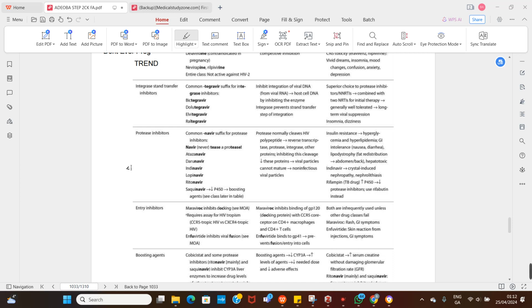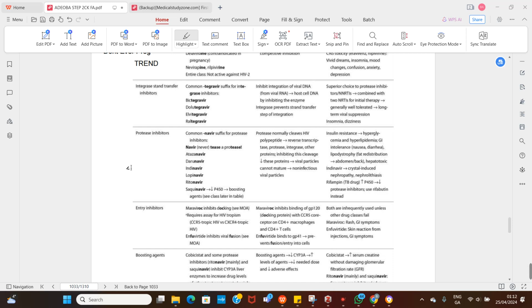So then the protease inhibitors, right? Protease inhibitors are another class of drugs. Just remember the navir, the navir, the navir. Atazanavir, darunavir, indinavir, lopinavir, ritonavir, saquinavir, right?